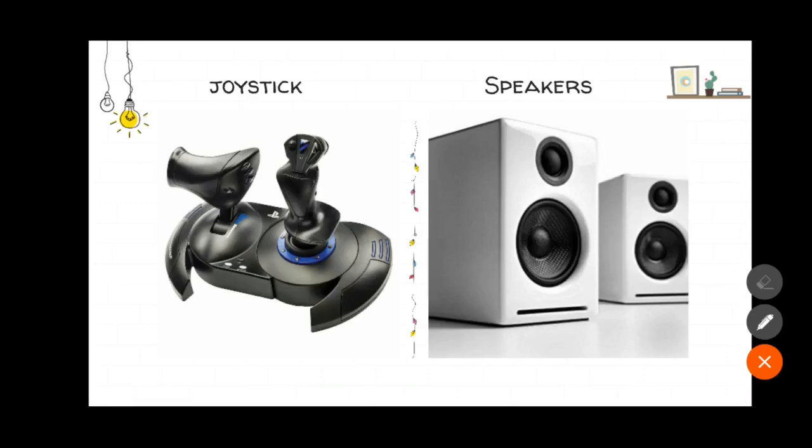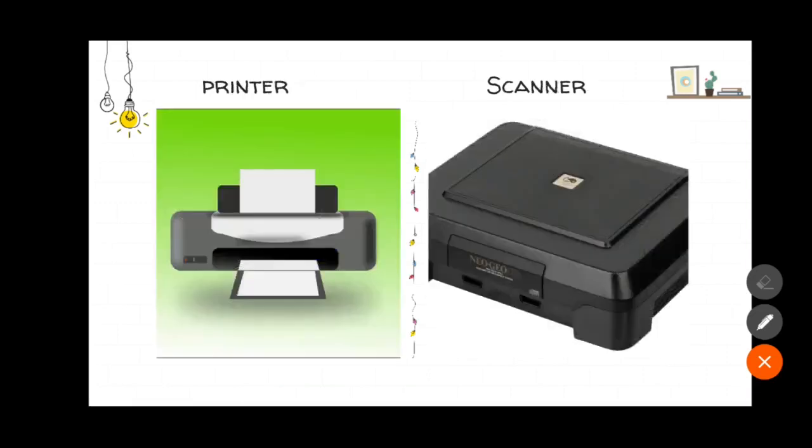Speaker. We use speakers to listen to music and other sounds from the computer. It is an output device. Printer. Printer makes a permanent copy of the processed information on paper. It is an output device.